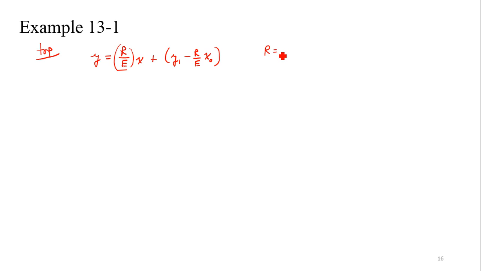We know that R is equal to 100. What's E equal to? 74, right? So it's equal to both feeds coming in. E1 plus E2, 44 plus 30 equals 74. And so that gives us an R over E equals 100 over 74, which gives us something like 1.351 for our slope. So now we know the slope.